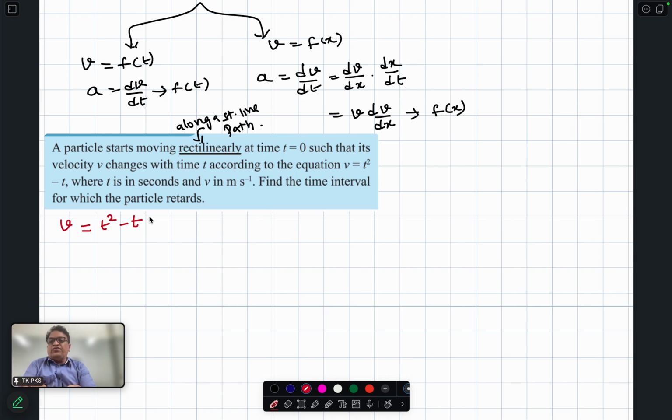Find the time interval for which the particle retards, which means negative acceleration.